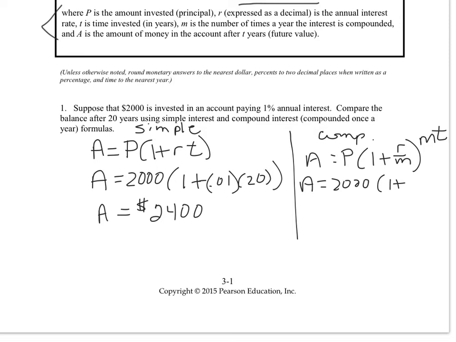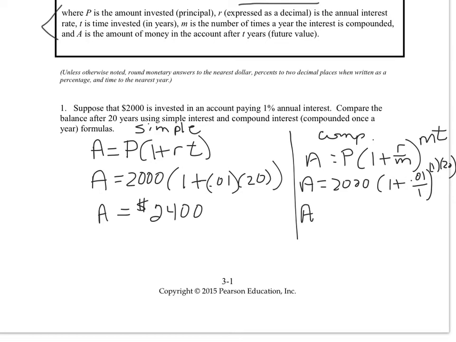My interest rate is still going to be 1%, so that's 0.01, divided by, since it's compounded annually, that's 1 time in a year. But don't forget you have an exponent, and your exponent is M, which is your 1 time in a year, times your T, which is 20 years.